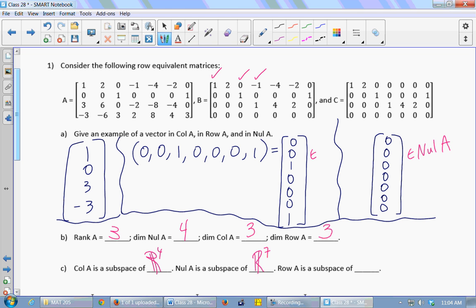This guy was in row A, and this guy was in col A. All right, row A is a subspace of R7. Yeah, we have this guy in row A, it's got 7 entries, so it's a subspace of R7.